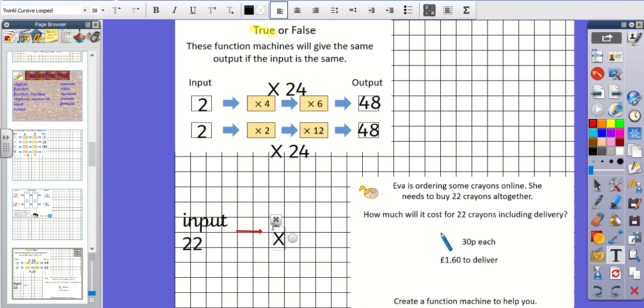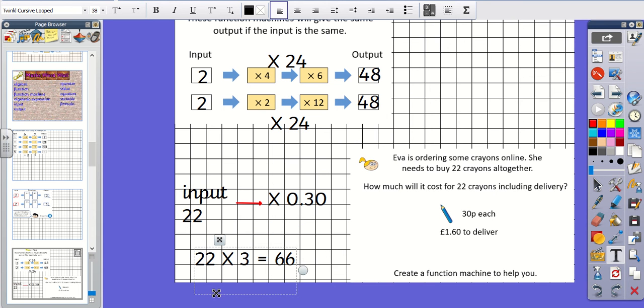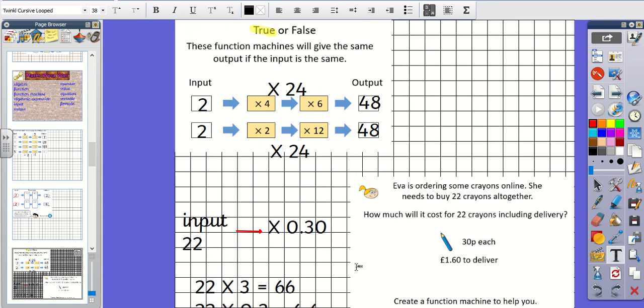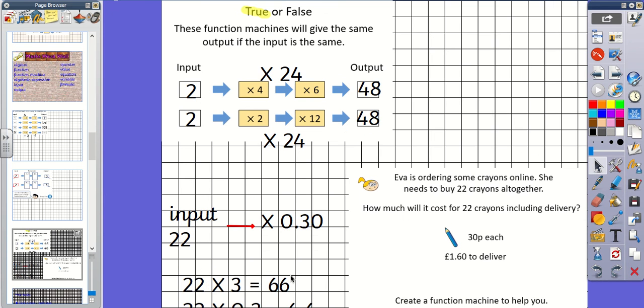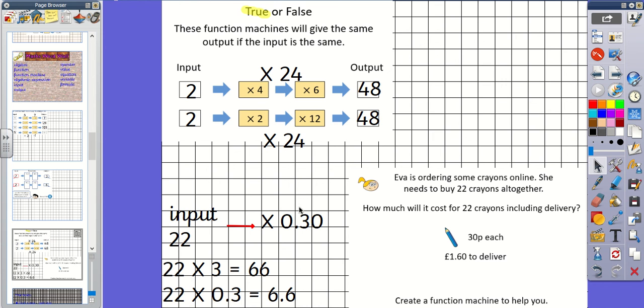Now I'm multiplying by 30p, so I need to multiply by 0.30, which is fine because you can do 22 multiplied by 3, which gives us 66. And then you can do 22 multiplied by 0.3, which gives us 6.6. Let's just move that up a bit.